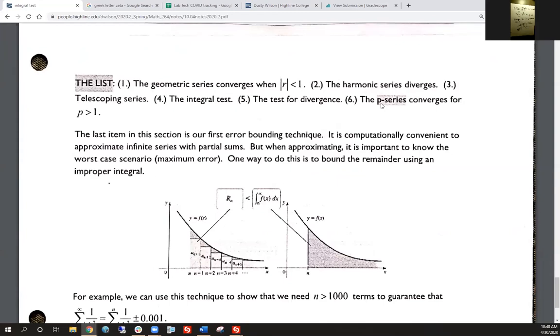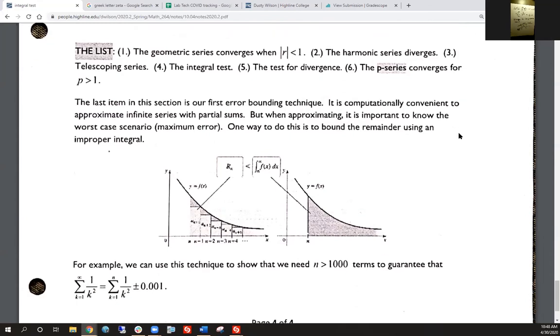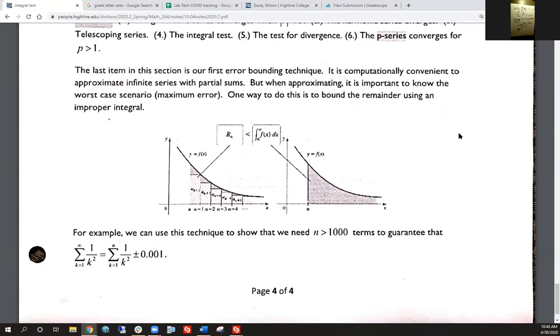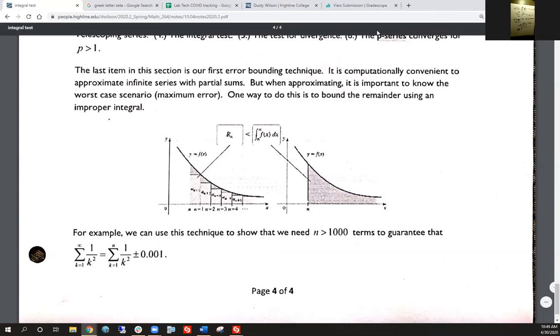It's telling us about the power, the exponent, p for power or exponent. So it converges for p bigger than 1. So the last little bit is actually a big deal for those of you that actually want to use this to build things. So maybe you find out that a series converges, like the one that we were working with.